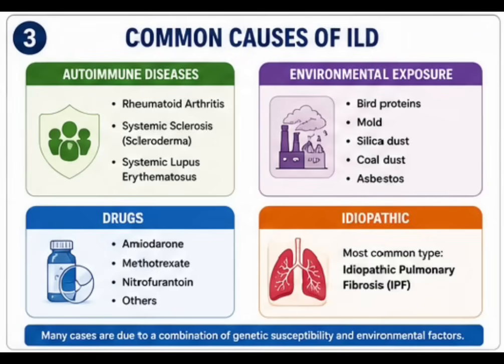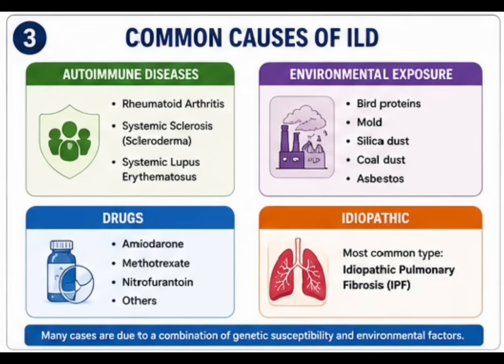So the common causes of ILD are autoimmune diseases, environmental exposure, drugs, idiopathic. So autoimmune diseases basically are rheumatoid arthritis, systemic sclerosis, that is scleroderma, systemic lupus erythematosus. The environmental exposures are bird proteins, mold, silica dust, coal dust, and asbestos.